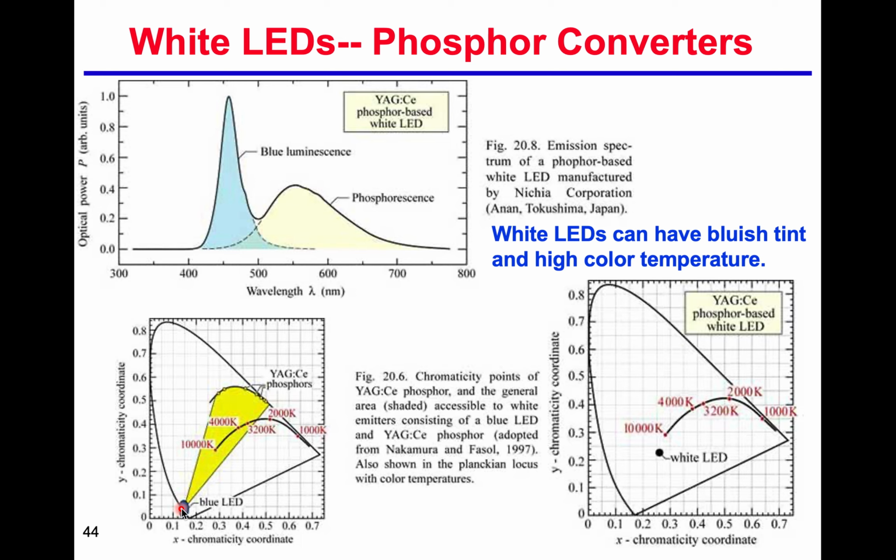If we have a blue LED here, emitting light at maybe 460 or so, then we can tune the YAG composition, our phosphor composition, then we can achieve this area for the light emission. If you choose one phosphor, maybe we can have this line. If you choose this composition, we can have this line as well. So we can achieve different colors.